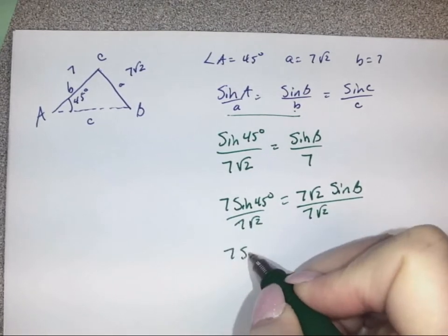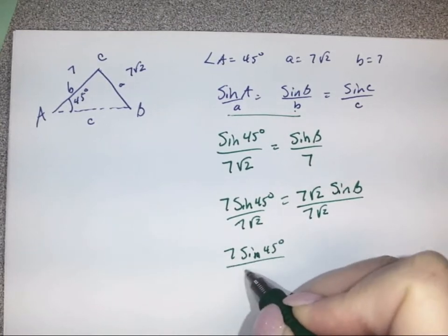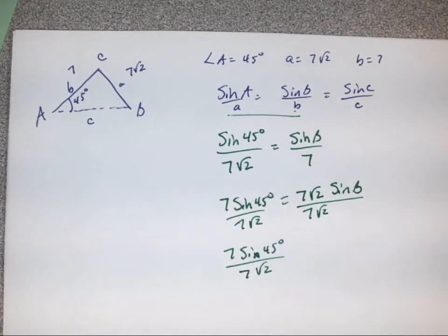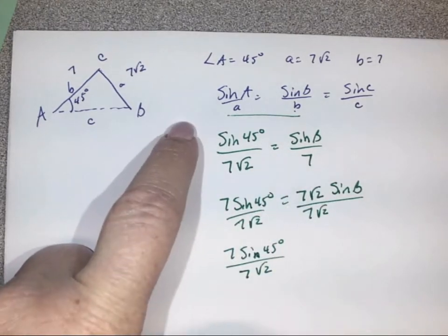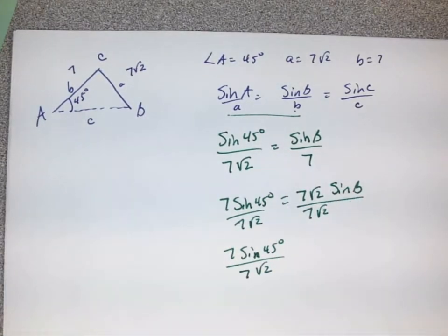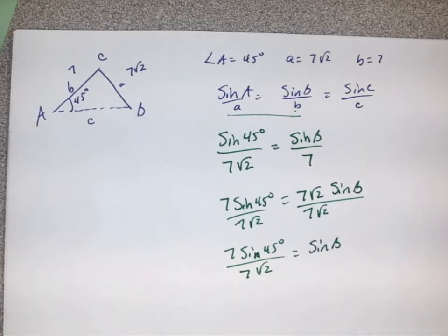So we have sine of B equals 7 times the sine of 45 degrees divided by 7 square roots of 2. We could just multiply the 7 over there instead and then just get B, but if we always start with the same process, it's a little bit easier, I think, to remember what you want to do.